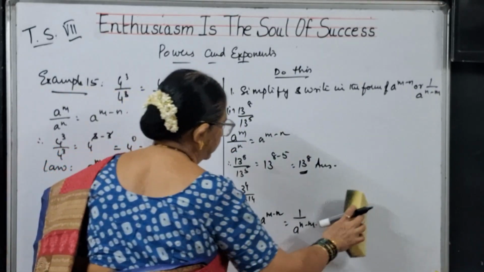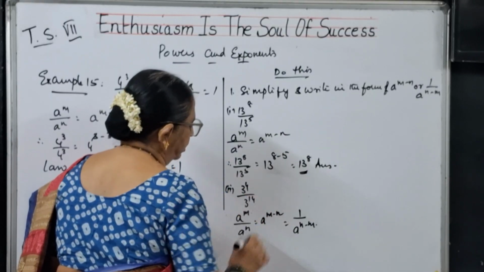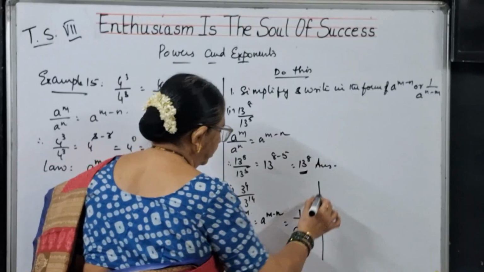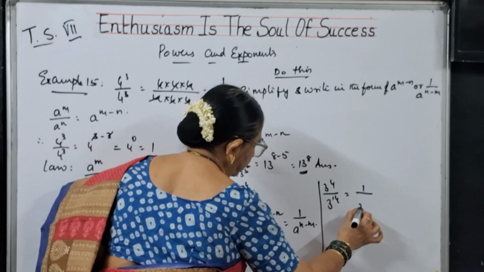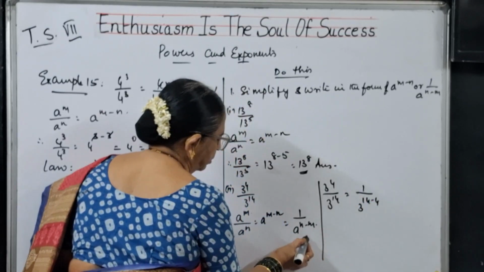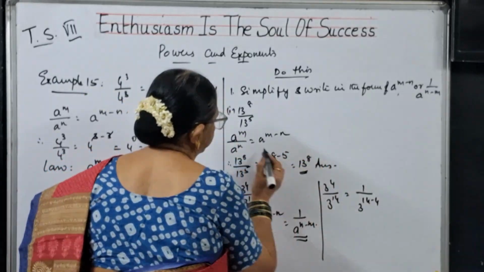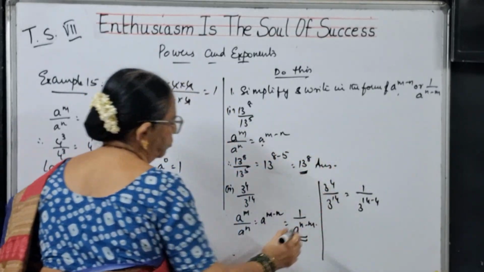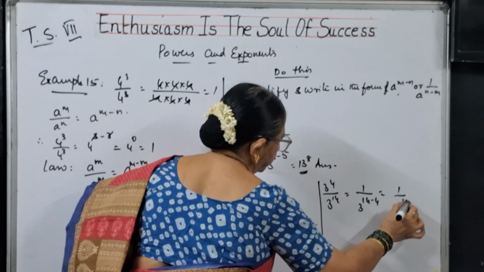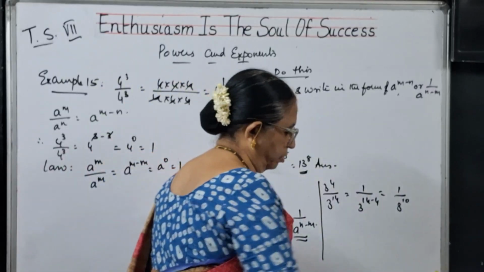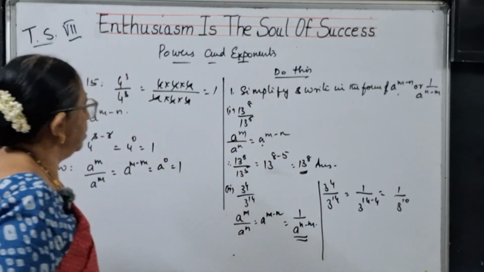How are you getting n minus m? See, 4 is considered as m, 14 is considered as n. So 3 to the power of 4 by 3 to the power of 14 is equal to 1 by 3 to the power of 14 minus 4. This form I am taking. Earlier problem I have taken in the other form, now I am taking this form, because the denominator is more than the numerator. This is equal to 1 by 3 to the power of 10. These are the two sums. Copy, children.